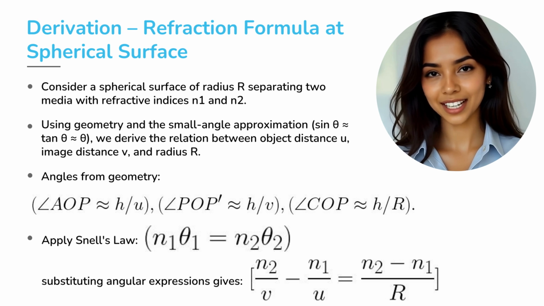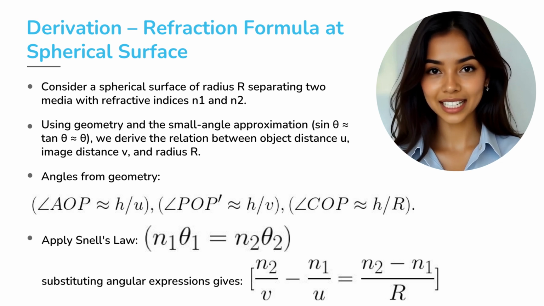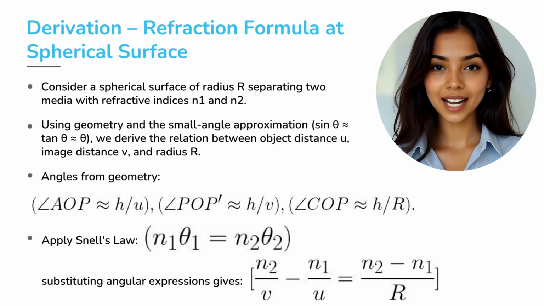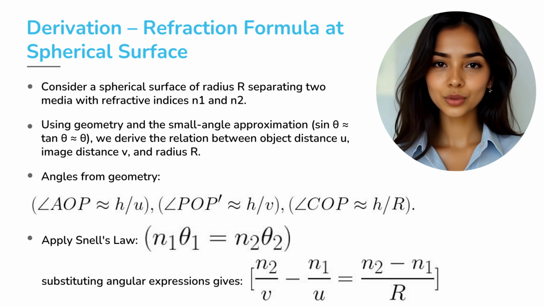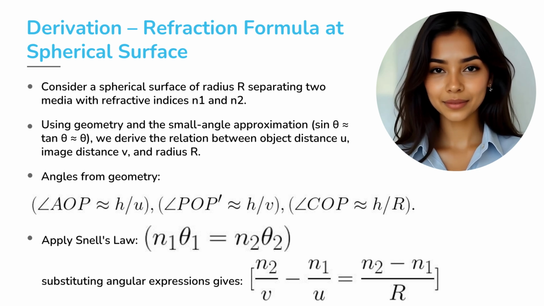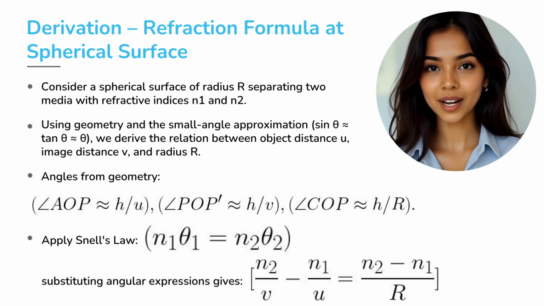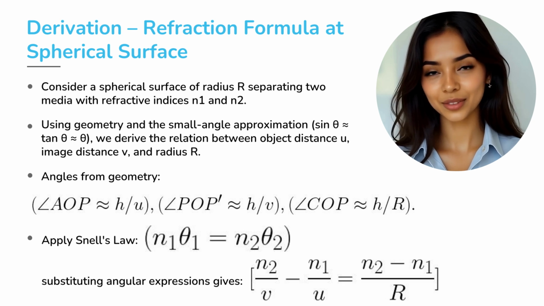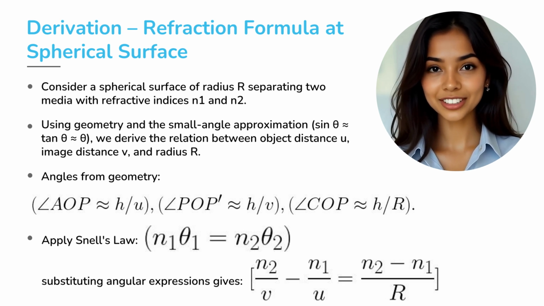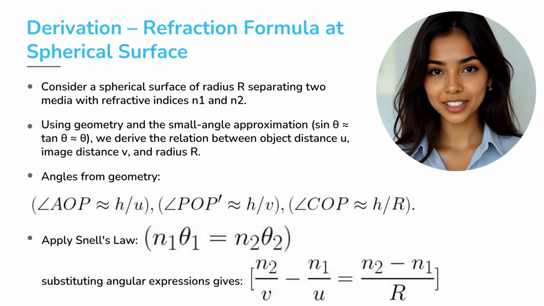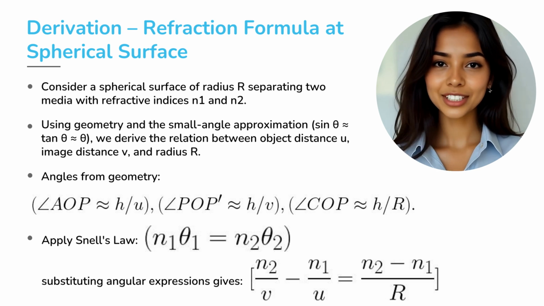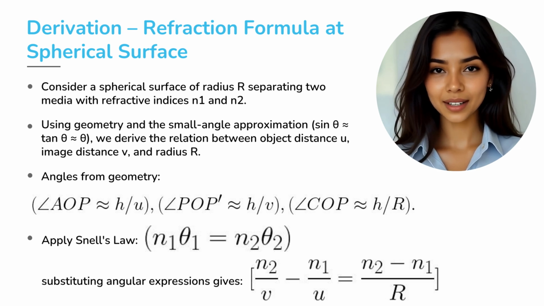Next, applying Snell's law, which says refractive index times incident angle equals refractive index times refracted angle, leads us to relate u, v, and r. After substituting our angle expressions into Snell's law, we arrive beautifully at the formula we mentioned earlier. The refractive index of medium 2 divided by image distance minus refractive index of medium 1 divided by object distance equals the difference of refractive indices divided by radius r.